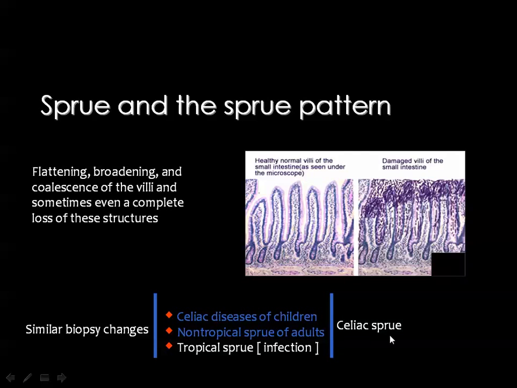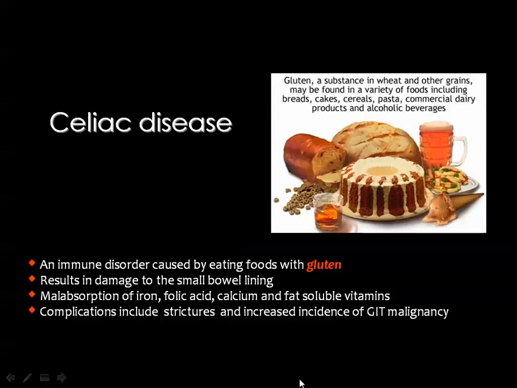The celiac sprue will include celiac disease in children, non-tropical sprue in adults, and tropical sprue, which is an inflammatory condition resulting from infection leading to malabsorption. Then celiac disease is an immune disorder caused by eating foods containing gluten, which is derived from wheat. And these are the foods which can cause this disease.